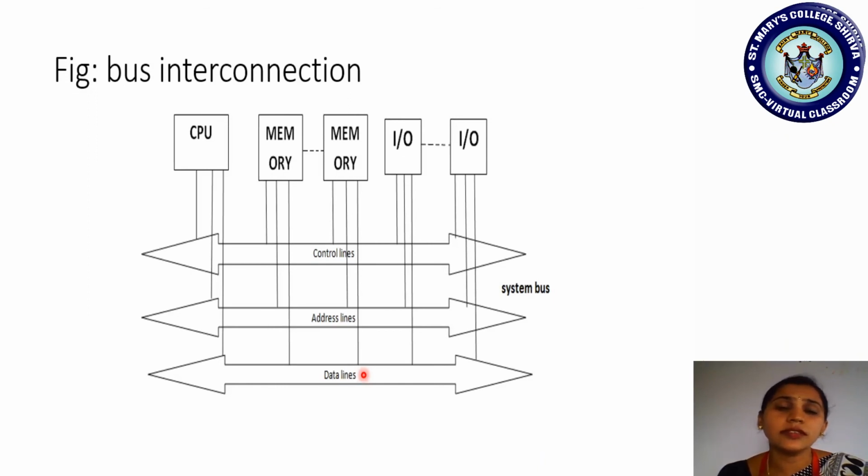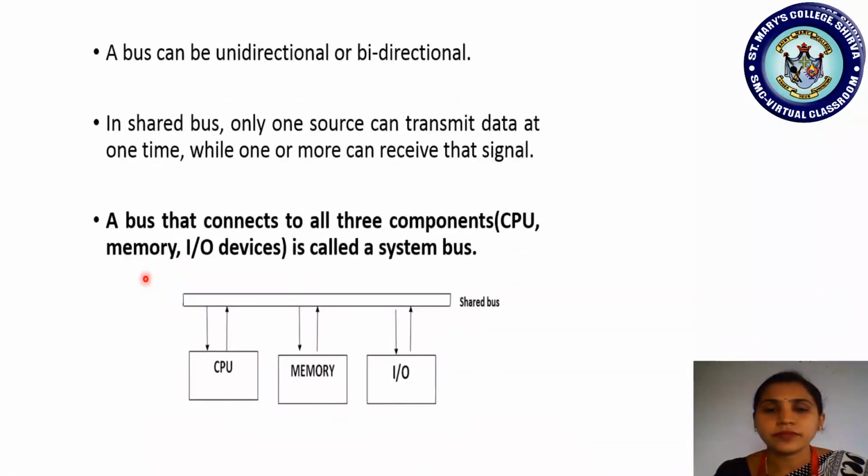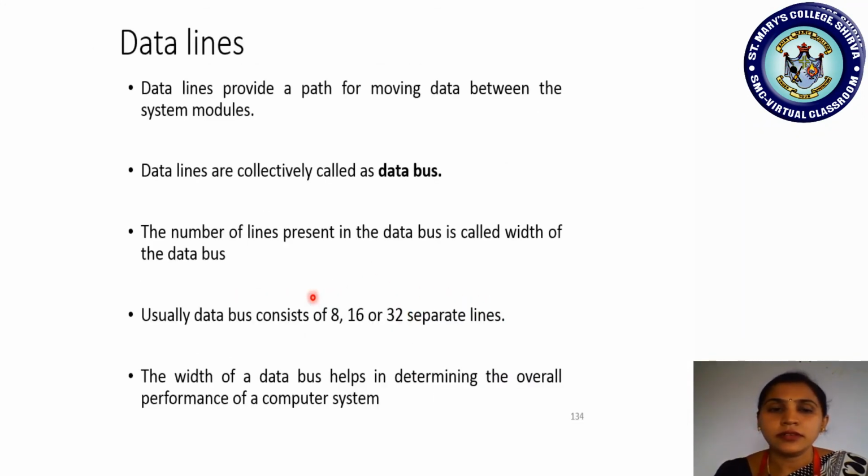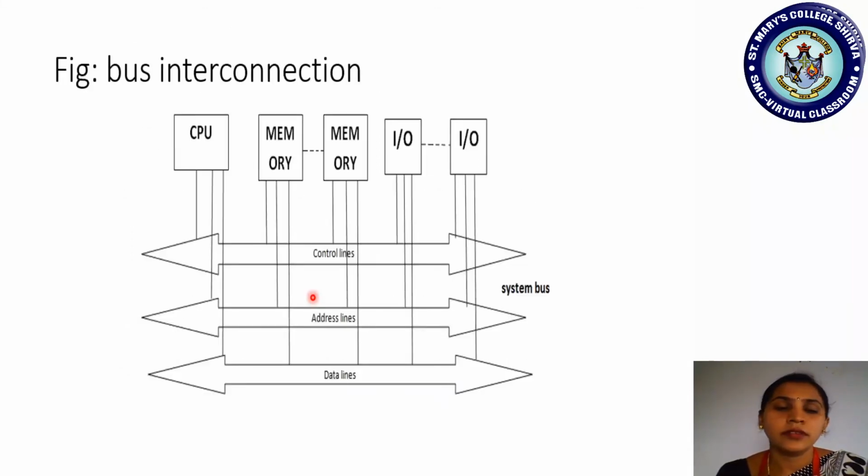This is a pictorial representation of the system bus as a whole. Here you are viewing the system bus, separated into address lines, control lines and data lines.